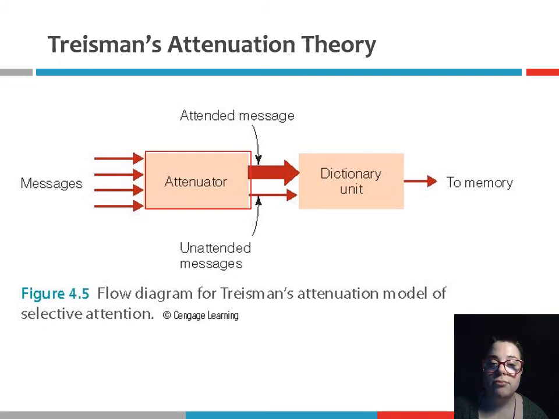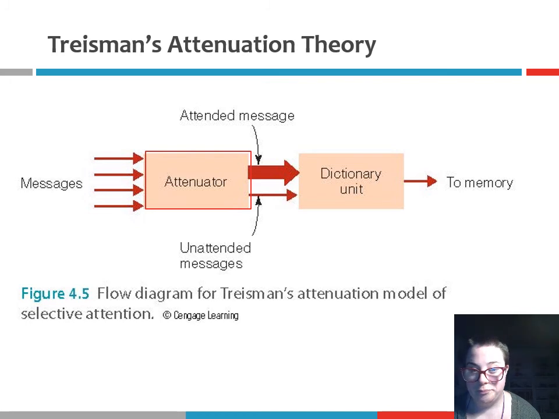So we've got the attended message at full strength, and the unattended message at a much weaker amplitude, less flashiness, etc. Then the next phase of the model is what's called the dictionary unit.